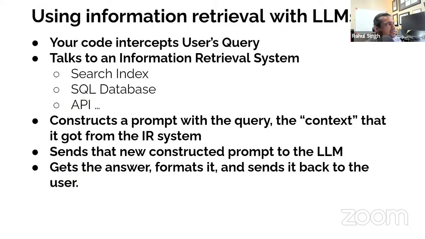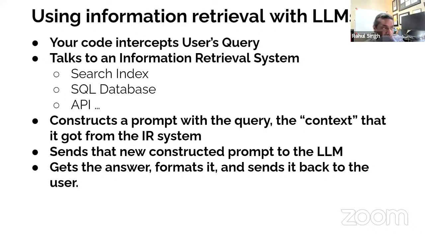In general terms, retrieval augmentation with an LLM involves your code interpreting the user's query. In the diagram I'm going to show you, the code is just the framework. Then your code talks to the information retrieval system. It can search it using, let's say, Elasticsearch or Typesense or Solr.